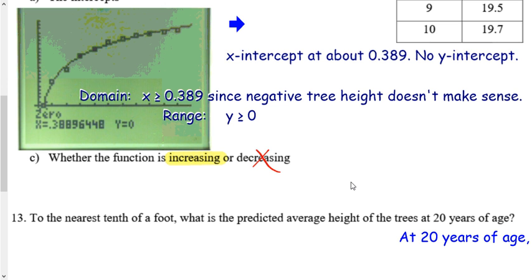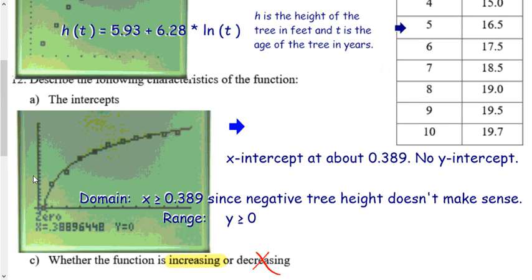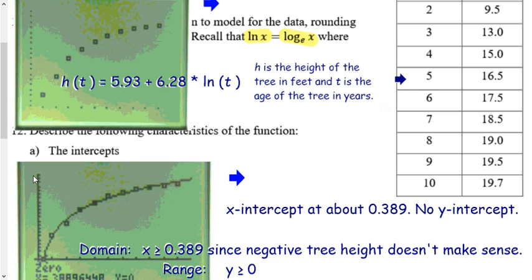Or we could come back to the equation that we had up in question 11, and substitute a value of 20 in place of this time. It's a 20, not a 26.